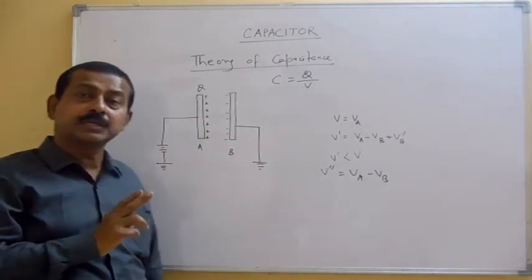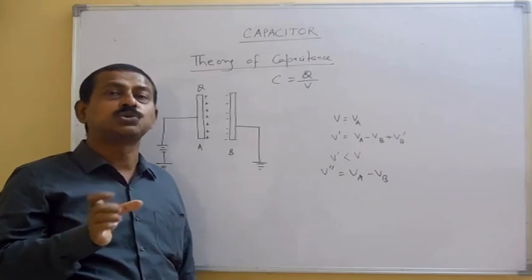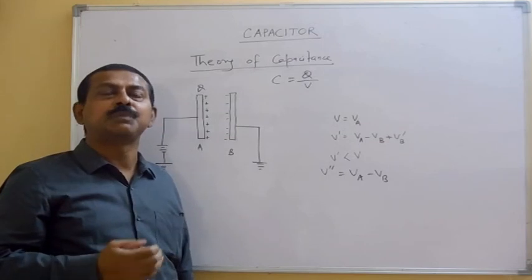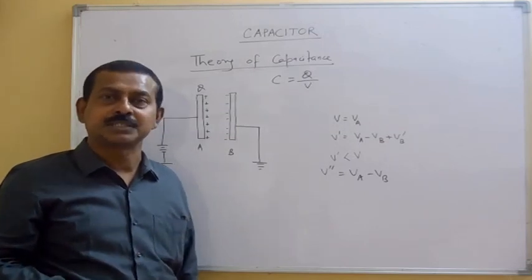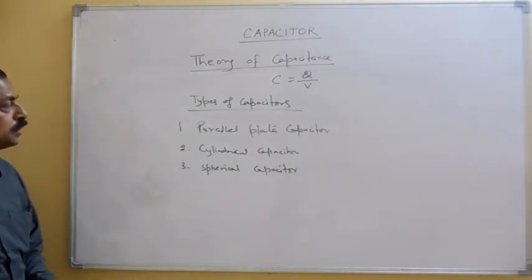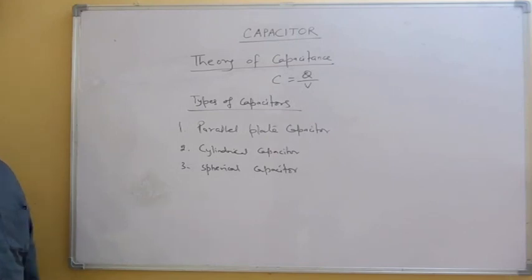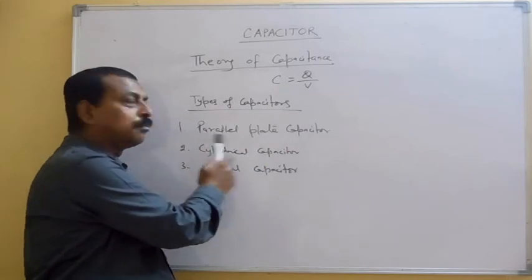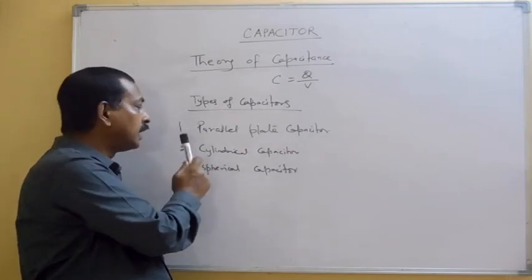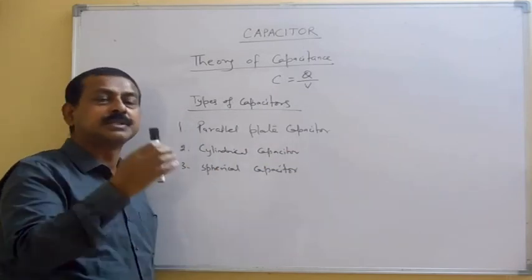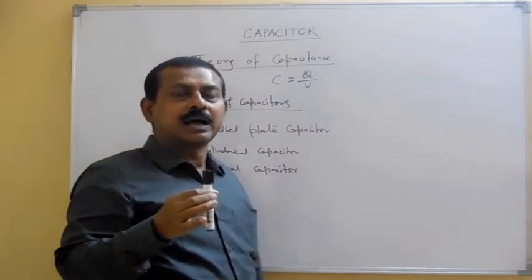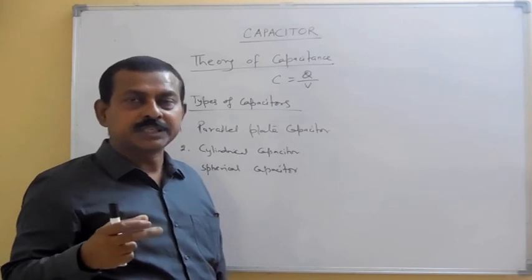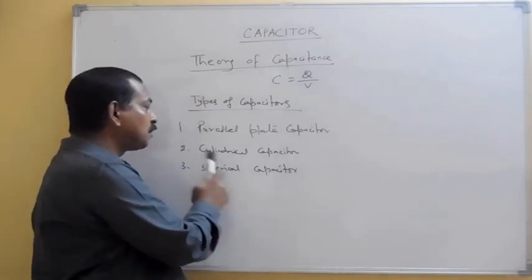Now these two conductors which we are bringing close to one another, depending upon their shape, give different types of capacitors. If the two plates are parallel plates, then we get a parallel plate capacitor. If one is a cylinder surrounded by a hollow cylinder or cylindrical sheet, then it is the cylindrical capacitor.